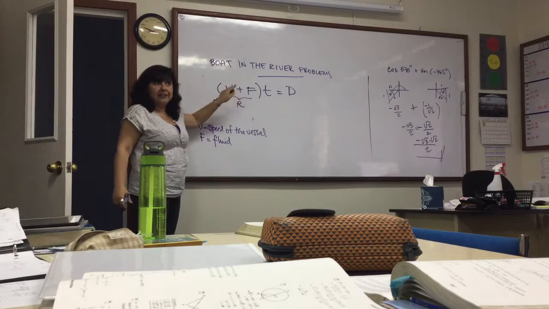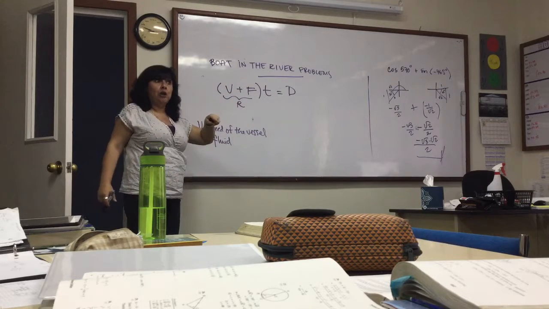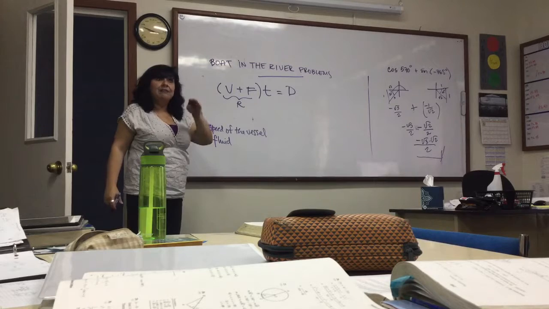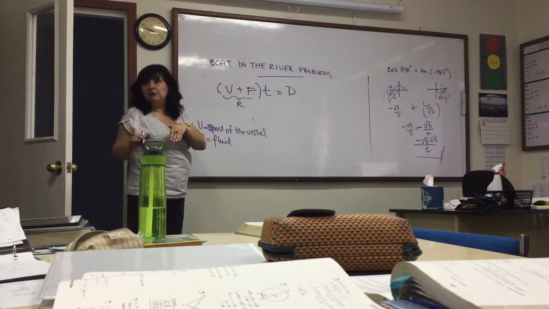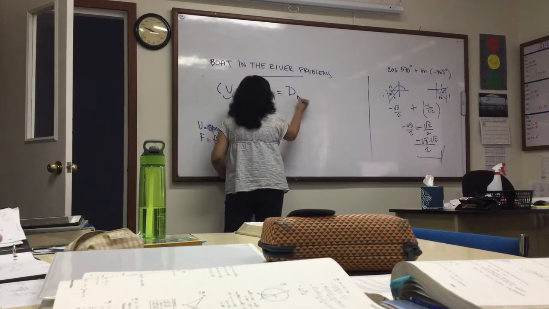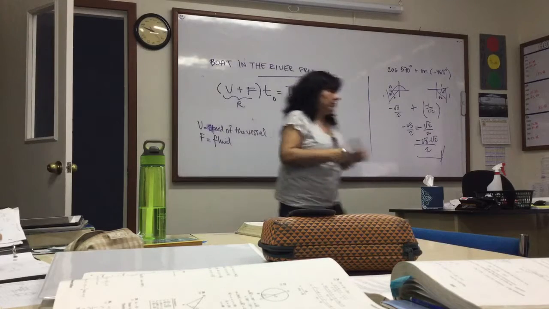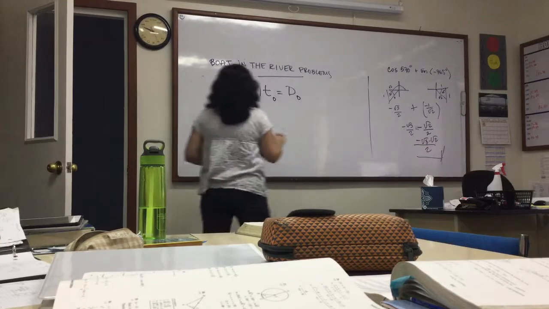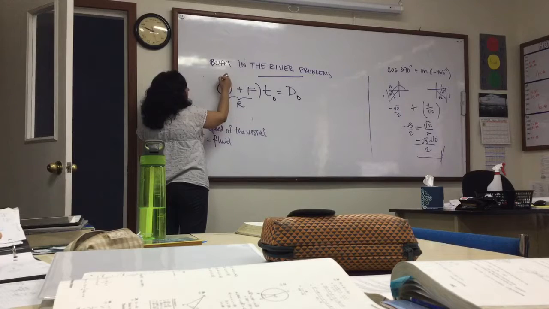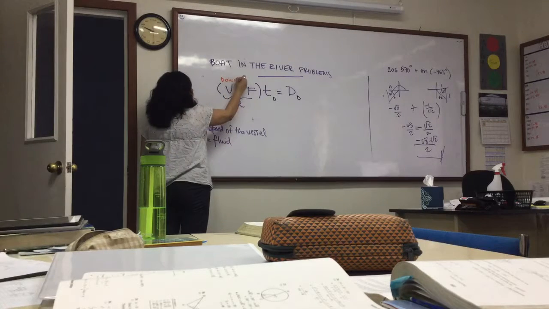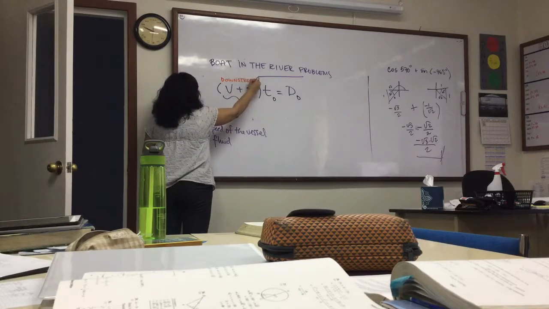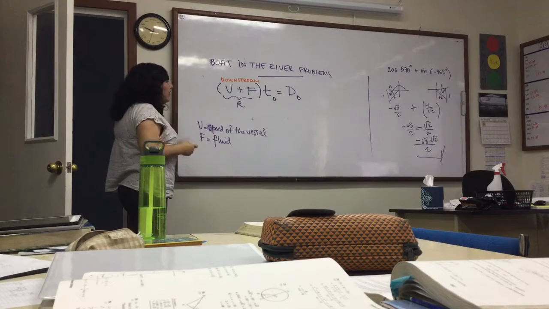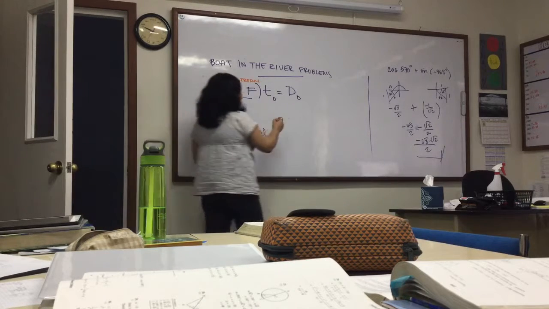Again, if it's plus, are you going faster or slower? Faster, with. And if it's with, it's downstream, right? So I'm going to call this downstream. Along that same line, upstream.